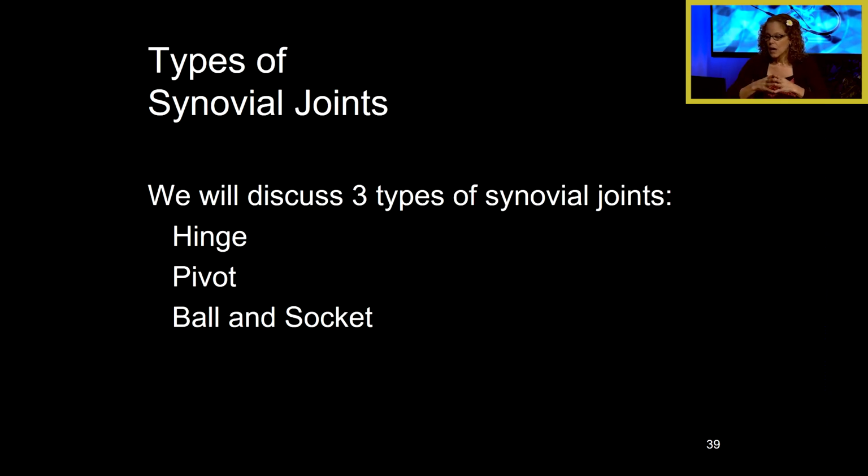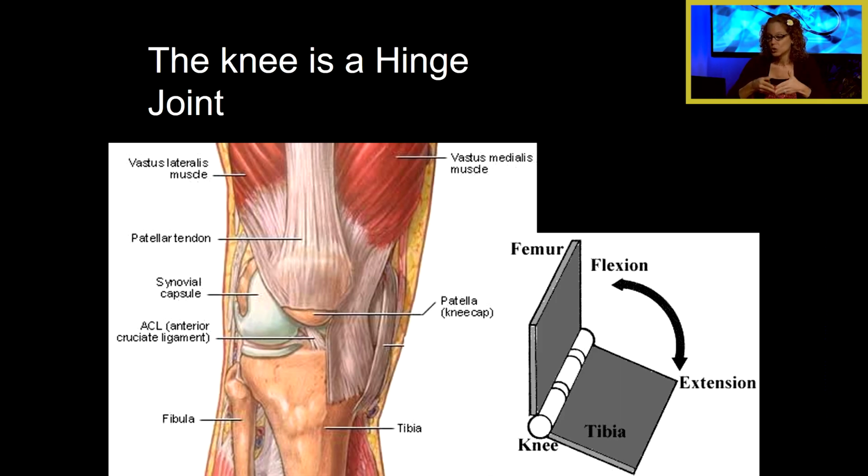And so we're going to discuss 3 types of synovial joints. We're going to talk about hinge joints, pivot joints, and ball and socket joints. The first one we're going to look at is the hinge joint of the knee. The knee is a hinge joint, and it has this action of flexion and extension, right?